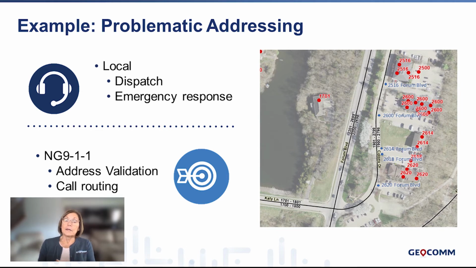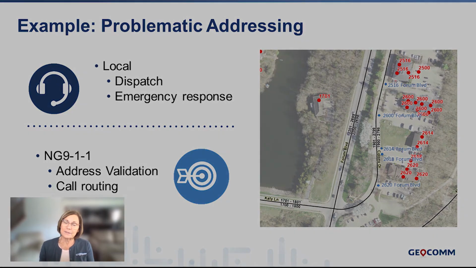You can understand what difficulty that may be from a response standpoint, because the location actually shows access off of a different road. Whereas if we are looking at the address point file in displaying that location, they would locate correctly and show the correct access off of Colony Drive.